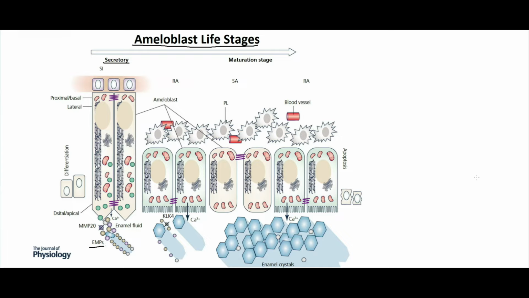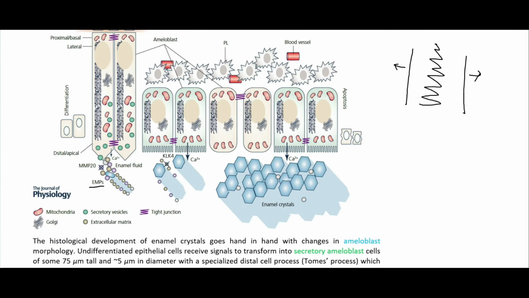So these are like a scaffold. If you're making a building, you erect a scaffold first, and then you can build up the building inside the scaffold before then removing the scaffold. And that's kind of what these ameloblasts do when they're generating the enamel.